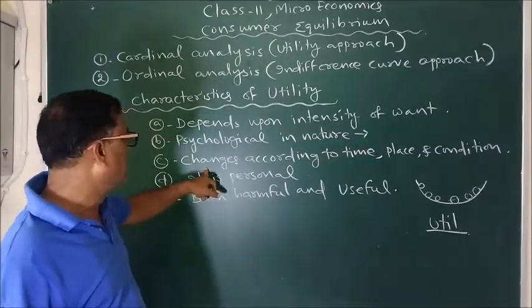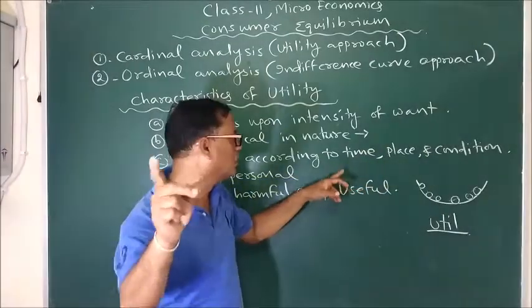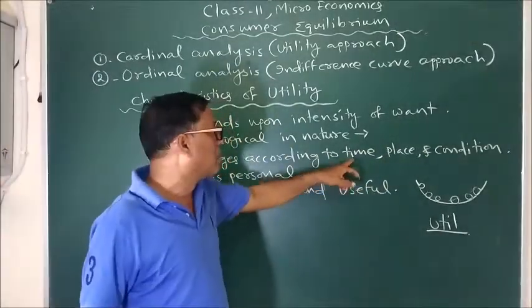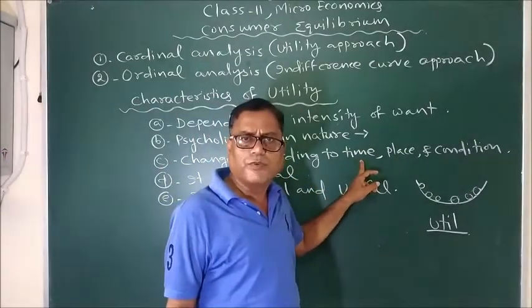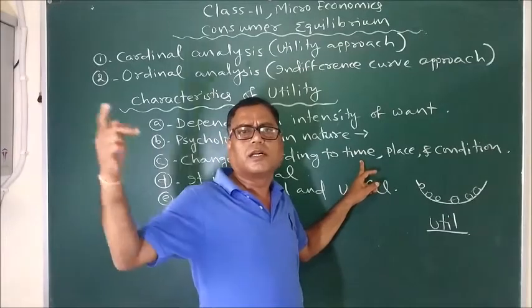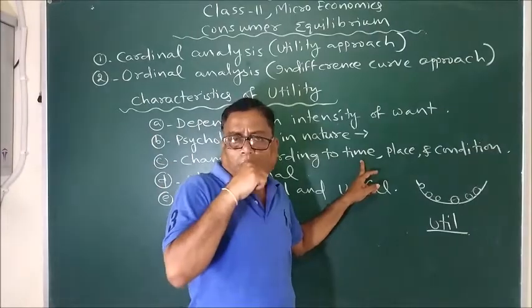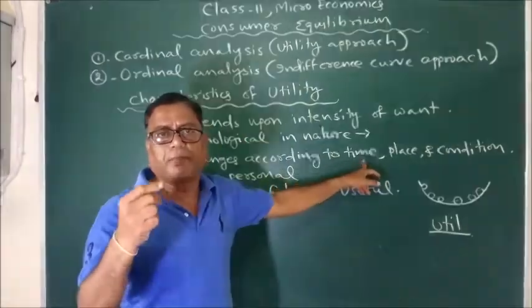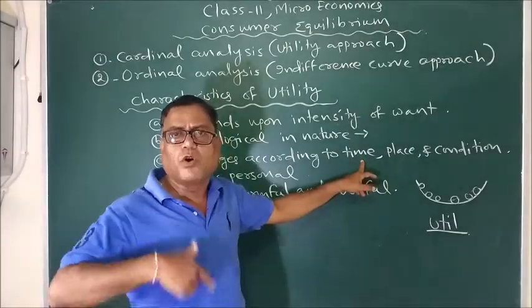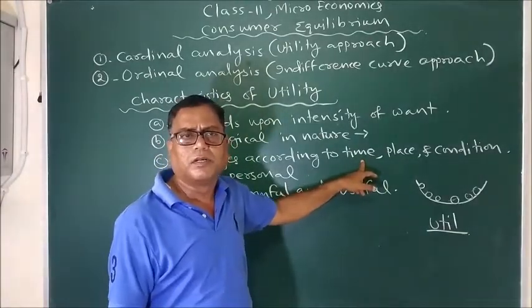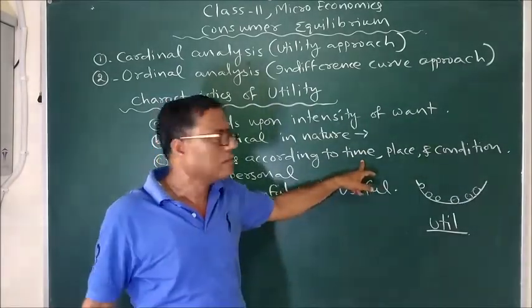The third point says changes according to time, place and condition. We need to understand quite clearly that utility changes according to time. For a consumer in cold countries where the relative temperature is very low, a sweater or a jacket might be more useful than for a person living around the equator.